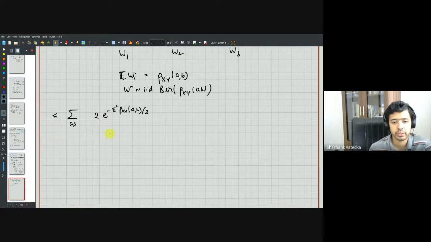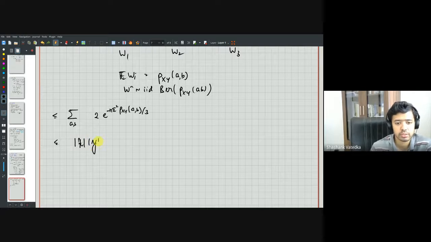So now we automatically have, it's less than or equal to the sum over all A comma B of 2 times e to the minus n epsilon square Pxy of A comma B divided by 3. I can write this as less than or equal to the size of X times the size of Y times the max. So instead of summing over all A comma B, I can say that this is less than or equal to the number of terms times the maximum of these terms.